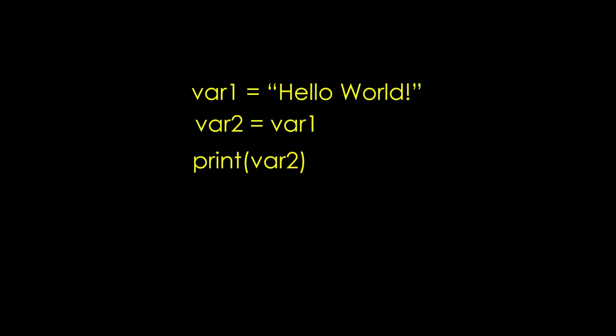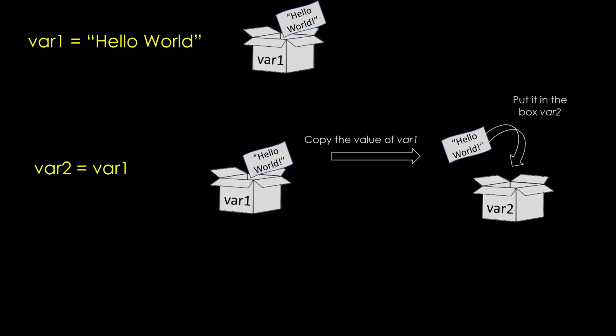Well, let us take a close look. var1 = hello world. var2 = var1. This means make a copy of the content of box var1 and store it in another box var2. More specifically, make a copy of hello world and put it in the box var2.